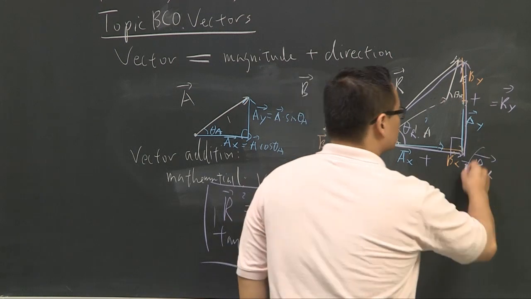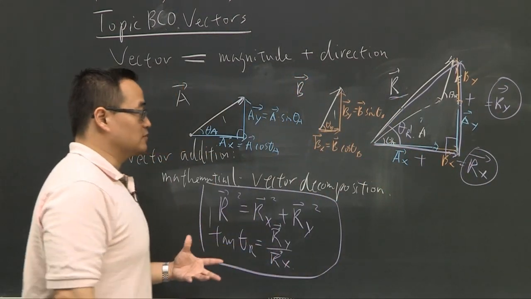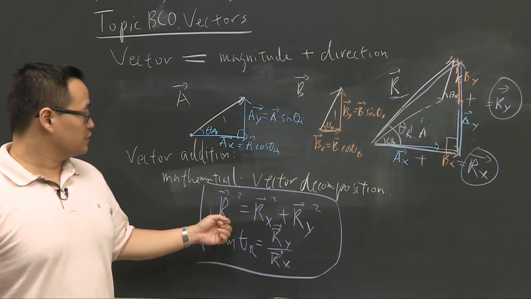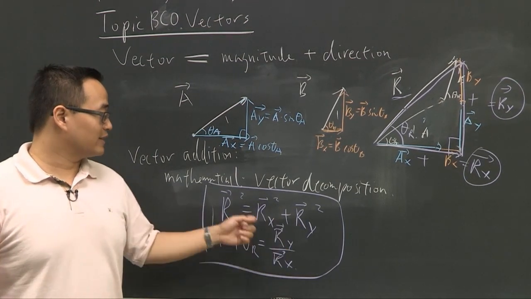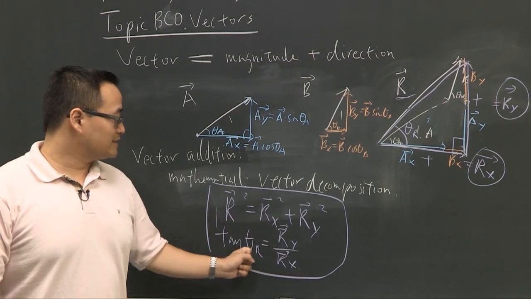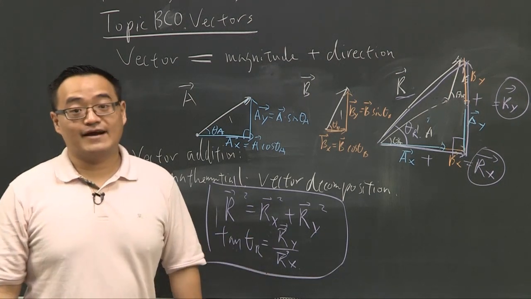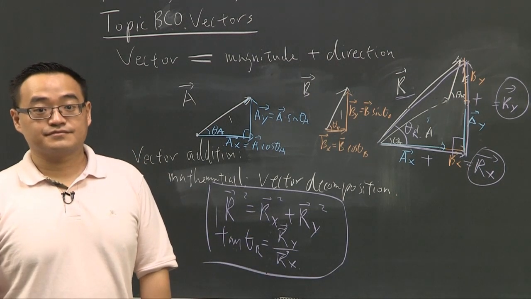Once you get Rx and Ry, this R is simple because it's a Pythagorean triangle, right? It's a right triangle. Simply do R squared is equal to Rx squared plus Ry squared. Get the length, and if you want to get the angle, the tangent of the angle is just opposite over adjacent, so Ry over Rx. Okay?